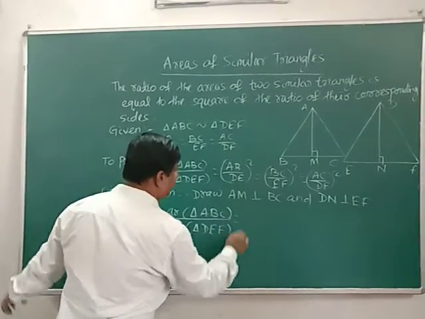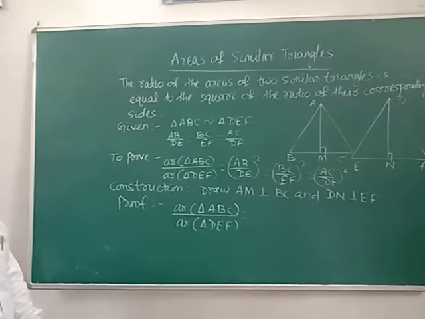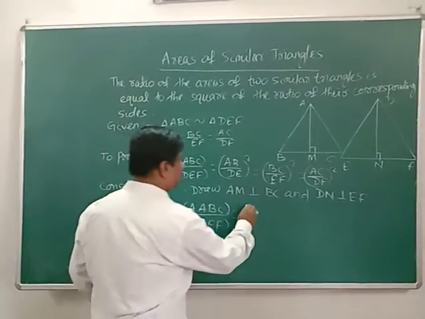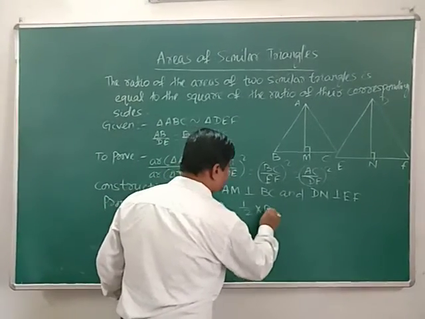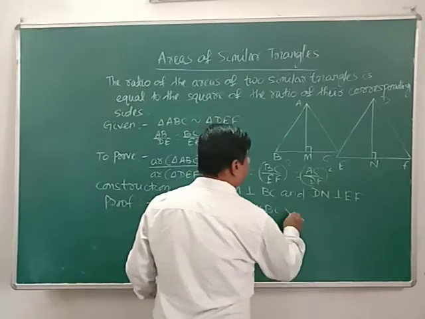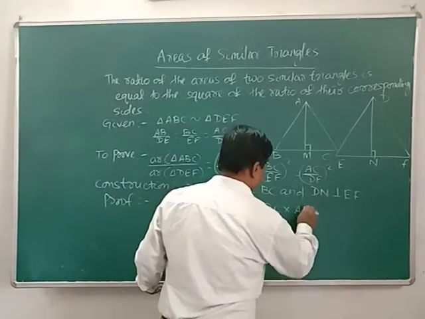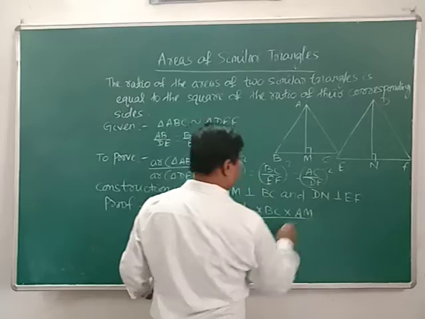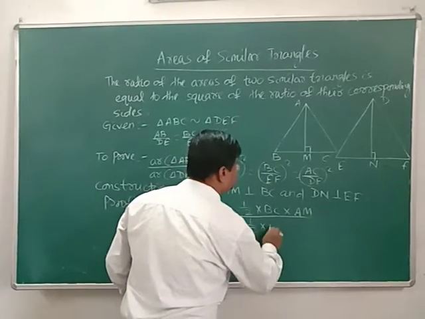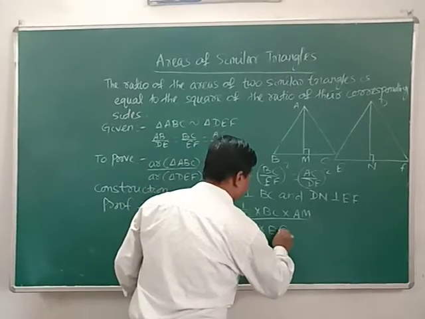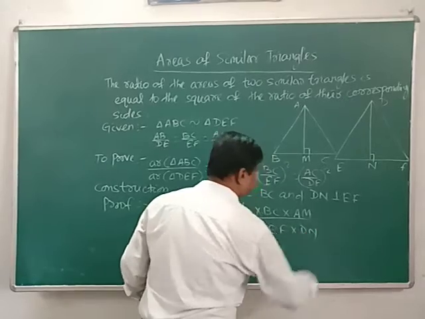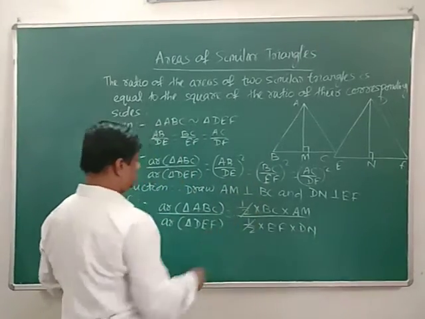What is the formula to find the area of a triangle? Half into base into height. So half into base BC into height AM, upon half into EF into DN. The halves cancel.